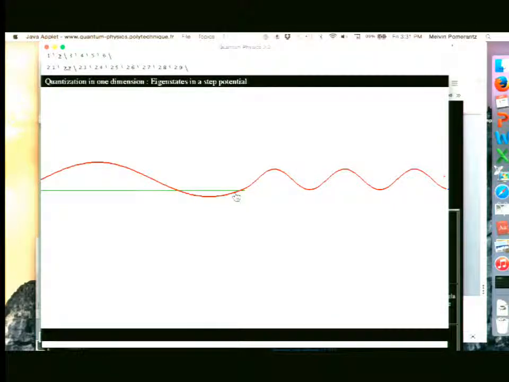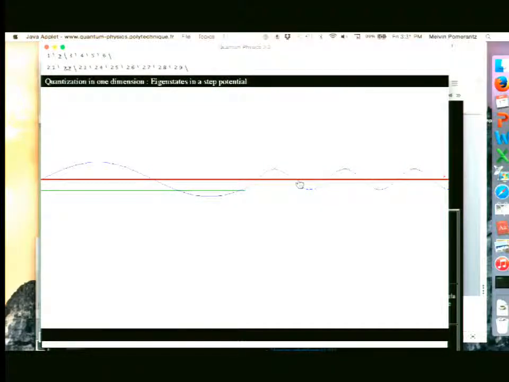Hopefully that makes some sense. Now, the thing that's a little bit problematic in this picture is what happens when your kinetic energy is not enough to get over the hill.